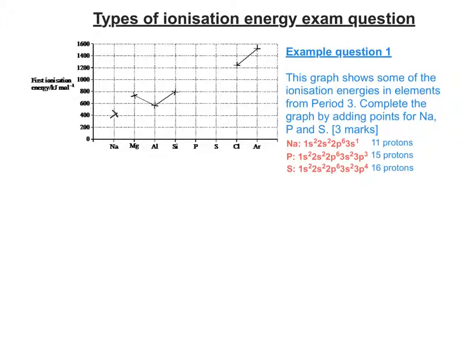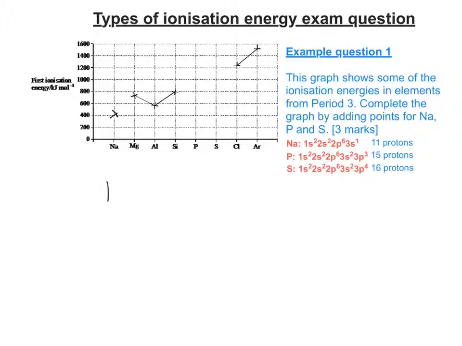Now, moving from silicon to phosphorus, phosphorus will have 15 protons, silicon will have 14 protons, because it's the one before phosphorus in that row, but silicon will have 3p2.